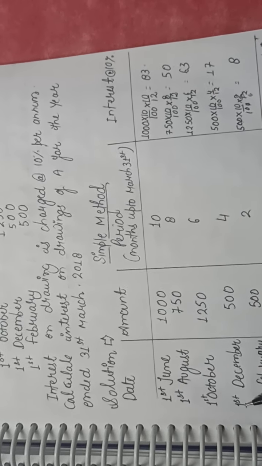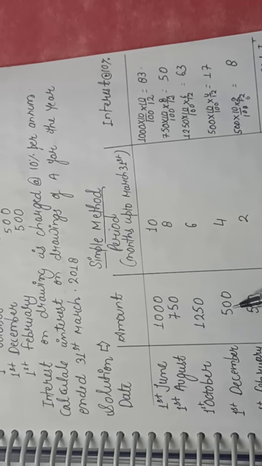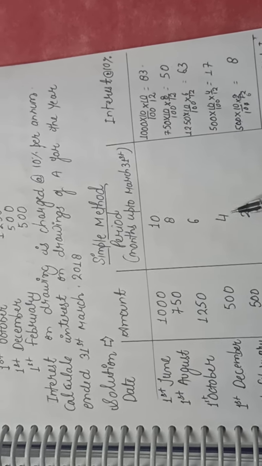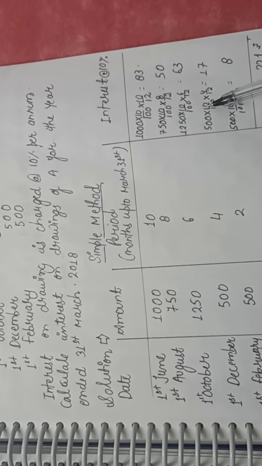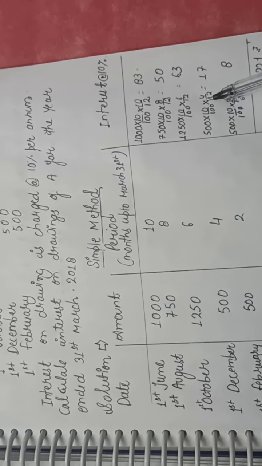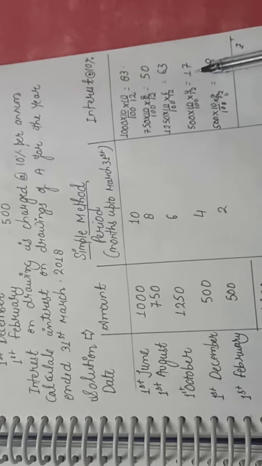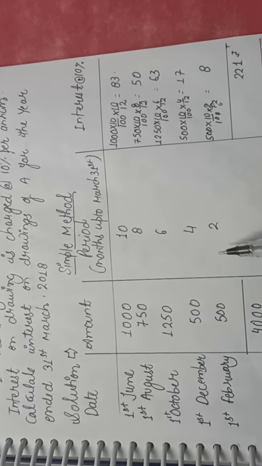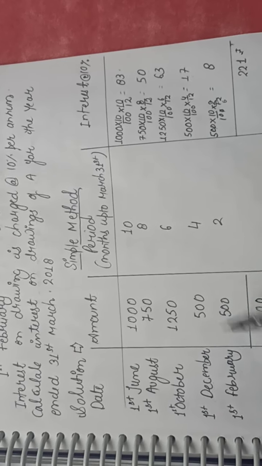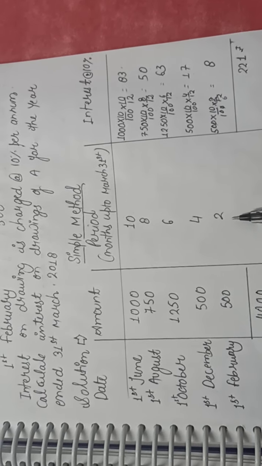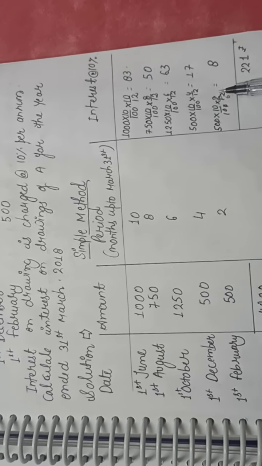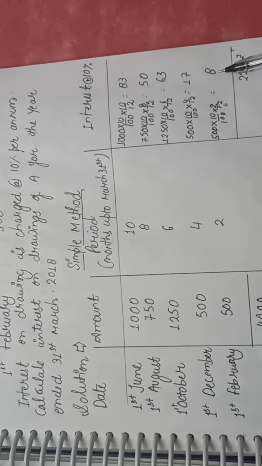Same as 1st December 500 rupees. 1st December to 31st March, how many months? 4 months. So 500 into rate 10 upon 100 and 4 by 12, it's 17. And 1st Feb also 500 amount, and Feb to 31st March it's 2 months. So 500 into rate 10 upon 100 and 2 by 12, so it's 8.